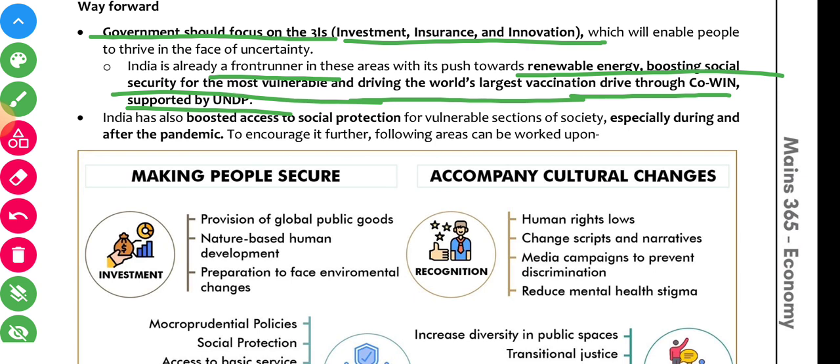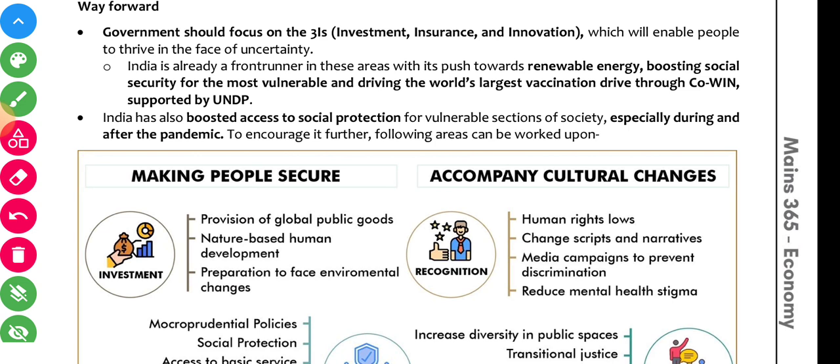We, along with India, created the Gavi platform to deliver vaccines around the world, especially for developing and underdeveloped countries. India has boosted access to social protection for vulnerable sections of society, especially during and after the pandemic.